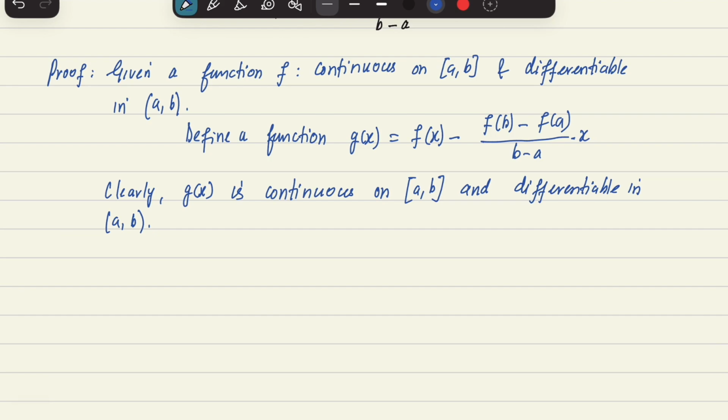Now let's evaluate the values for g(a) and g(b). For that we will see what is g(a) minus g(b).